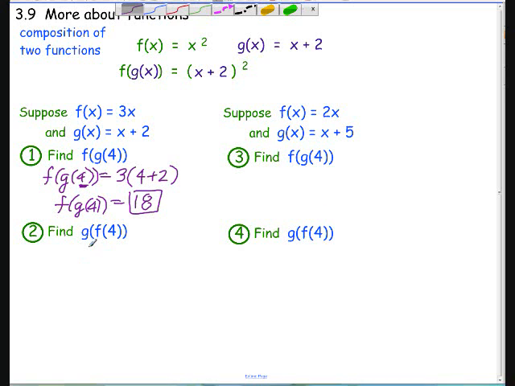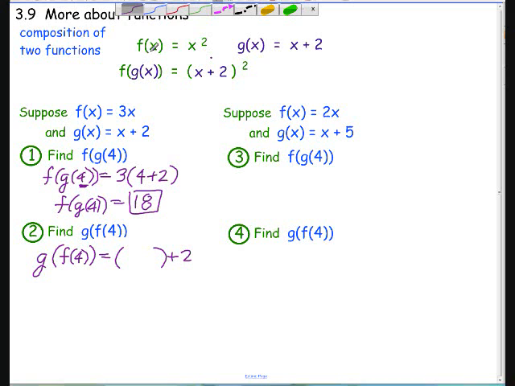All right, let's reverse it and say we're going to start with function g. Function g, and instead of putting in x, we're going to put in function f. And we're going to put in function f at the value of 4. So what is function g? Let's look at it. X, so there's our input, plus 2.